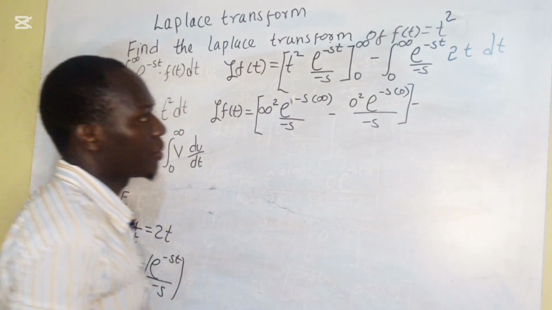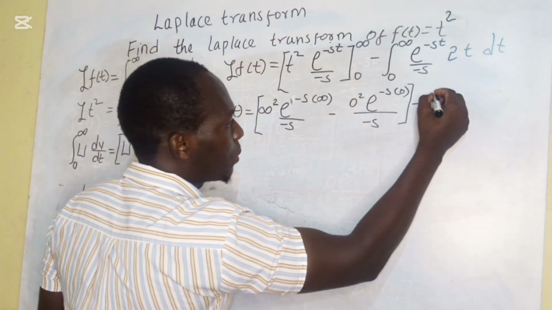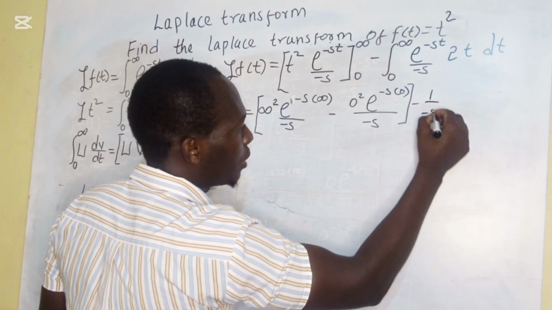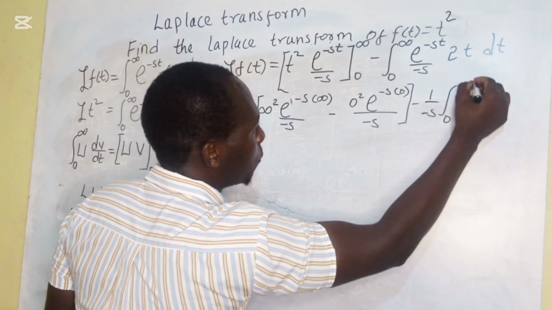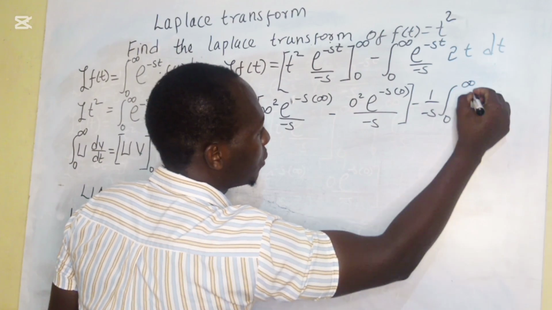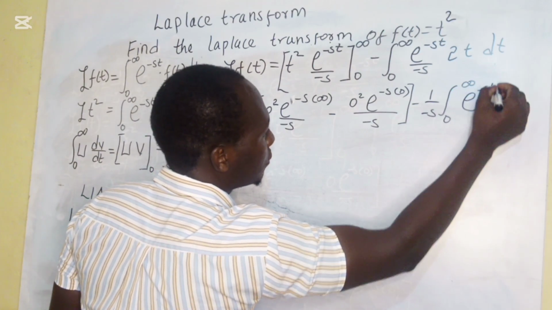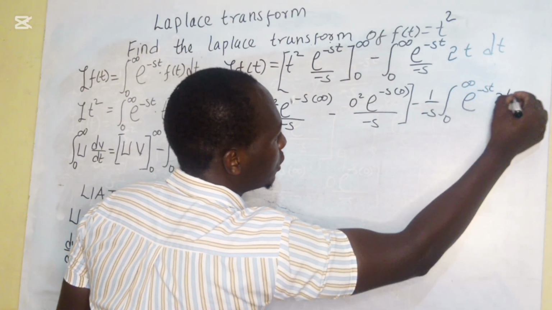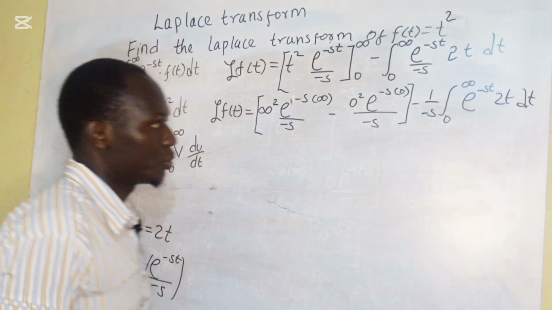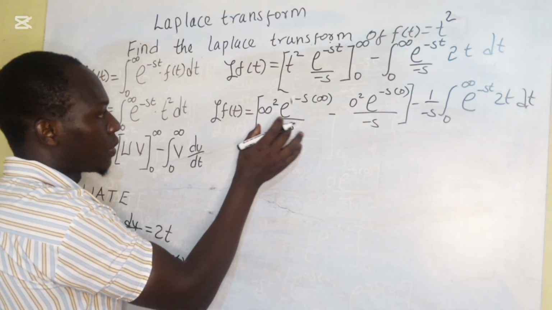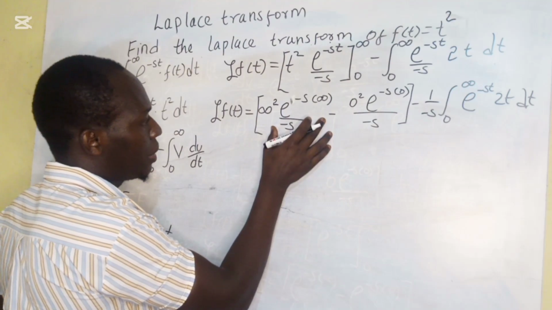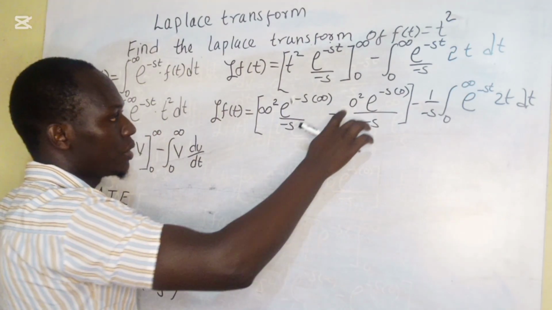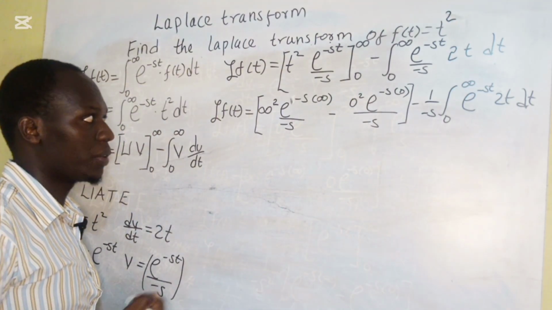We come and subtract from, here we can have 1 all over negative s, an integral with respect to our limits. Here we are going to have negative s 2t, and our integration is with respect to dt. And infinity multiplied by everything, here we are going to have 0, and 0 multiplied by everything, there we are going to have 0.